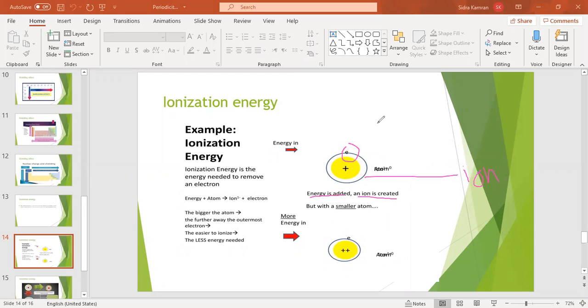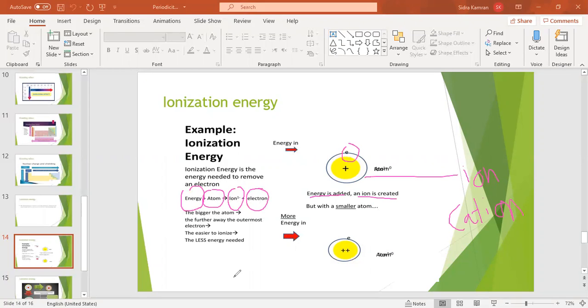If the electron is removed, a cation will form. Cation is the positive ion. So the atom needs some energy, and by that energy, the atom becomes an ion and the electron is removed.